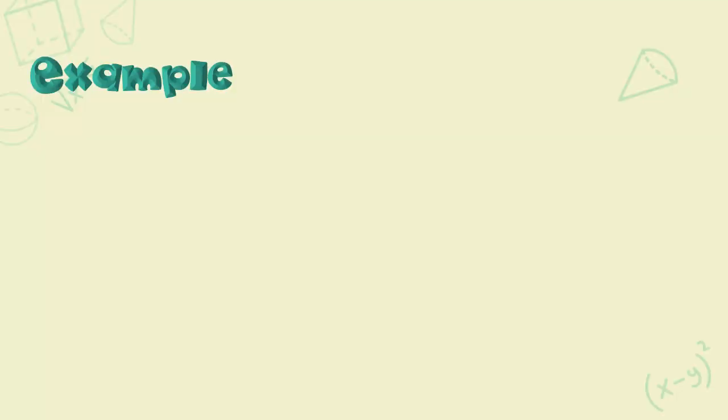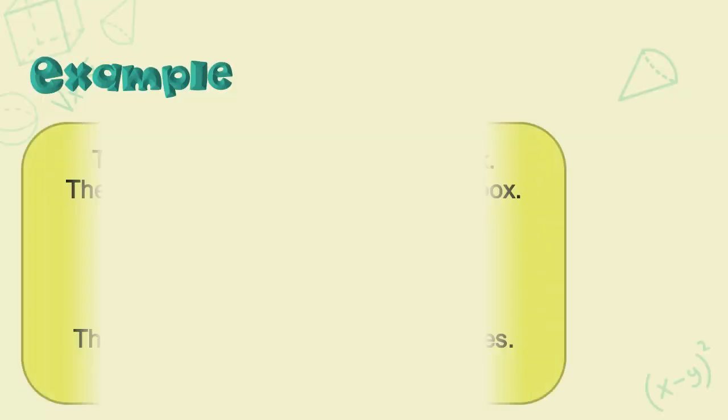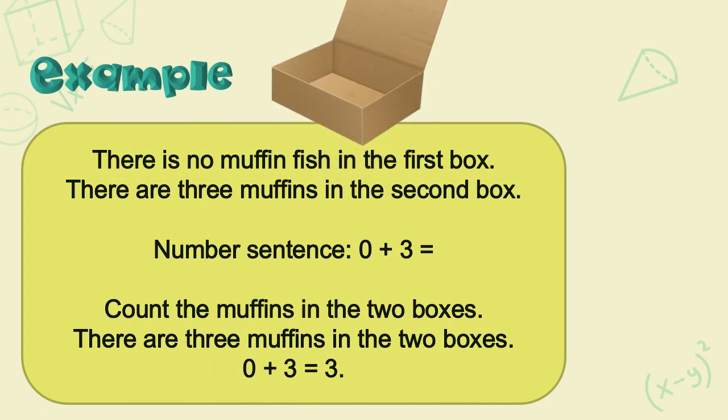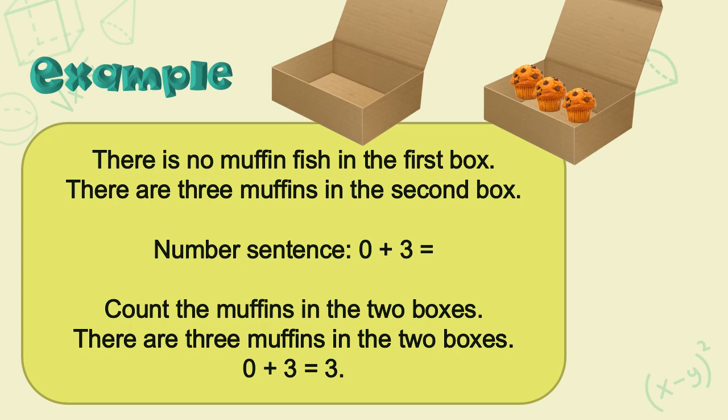Next example, there is no muffin in the first box, and there are 3 muffins in the second box. We write this in number sentence as 0 plus 3 equals, and let's count the muffins in the 2 boxes. 1, 2, 3.